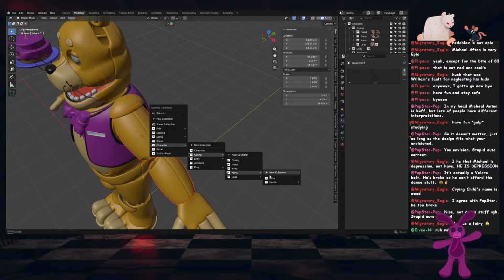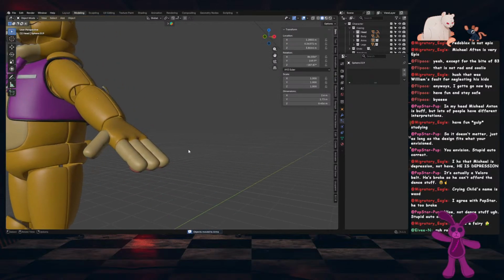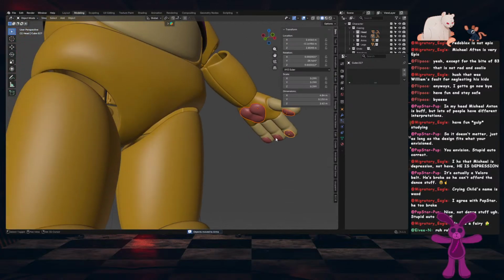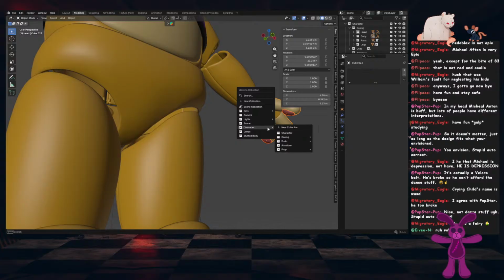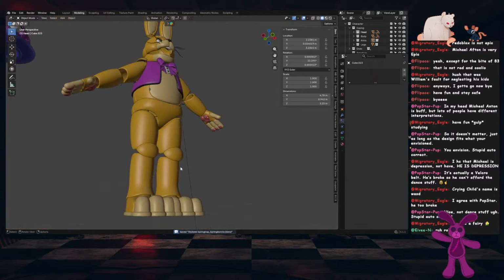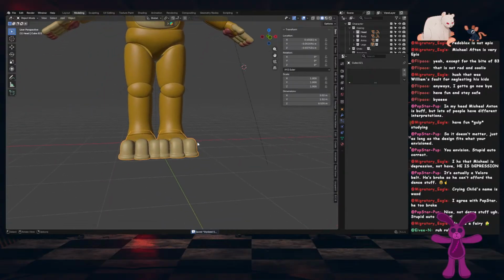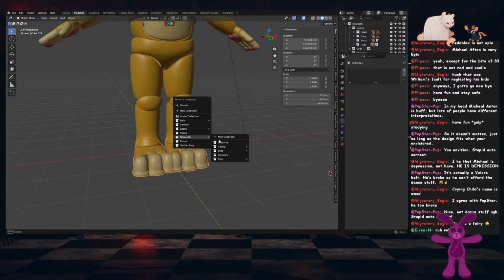Facing arms. Character facing hands. Make sure you're in feet.